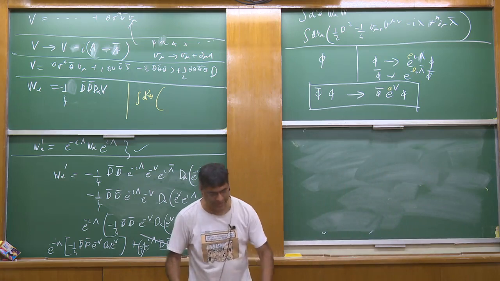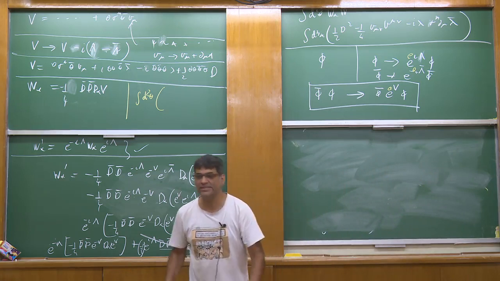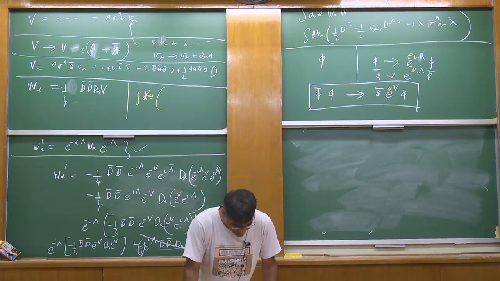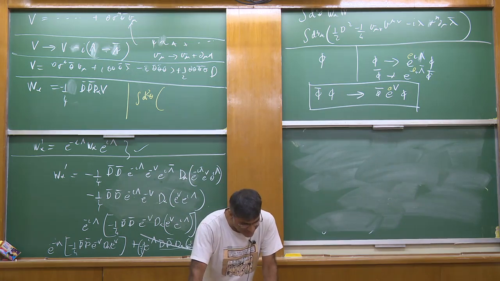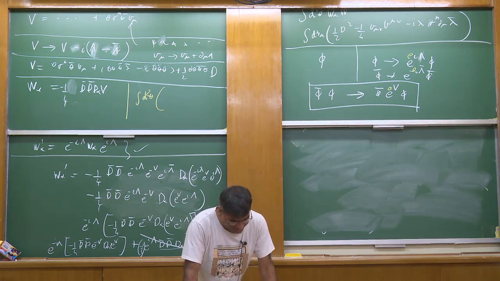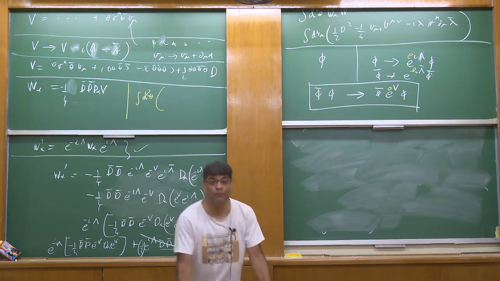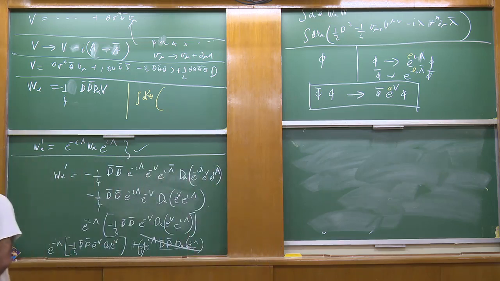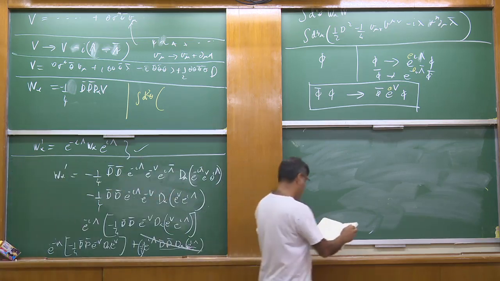There are two things I want to add before we start doing some physics. If we take this Lagrangian here and open it out, it's interesting to see what kind of terms we get, just like it was for the U1 case.